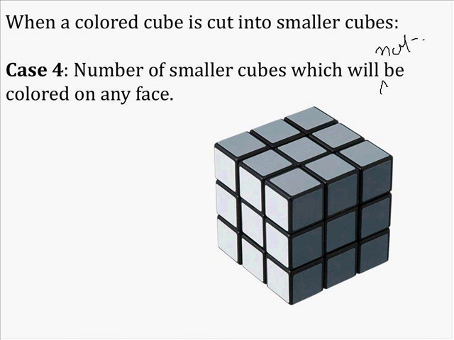If you take out the layer, it is n minus 2 whole cube. From each side we take the whole outer covering out, like an onion. So what will remain is n minus 2.